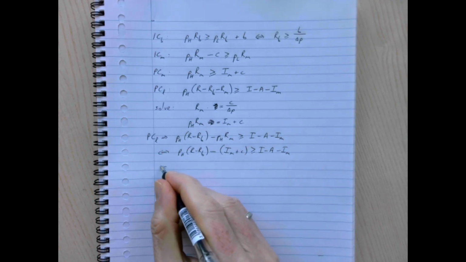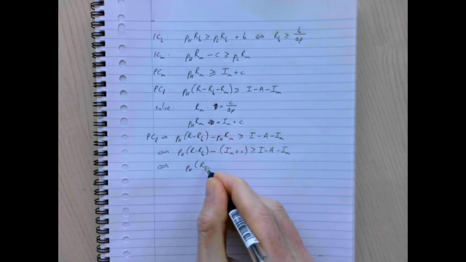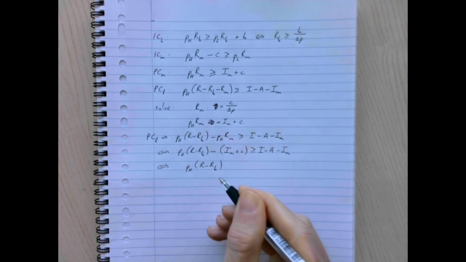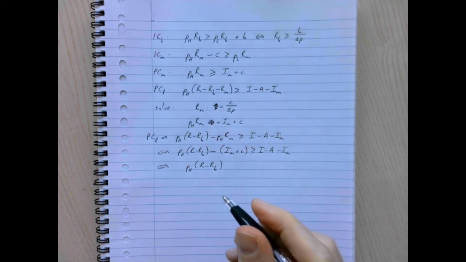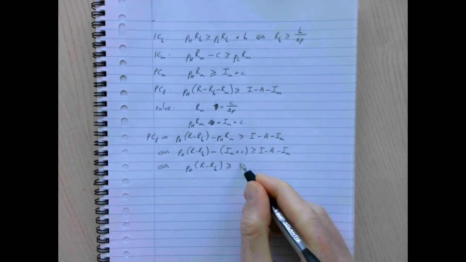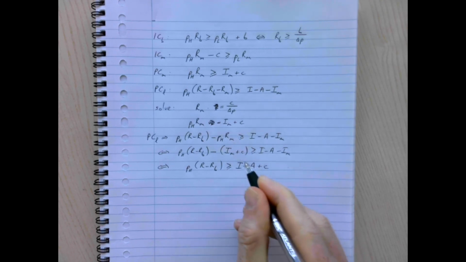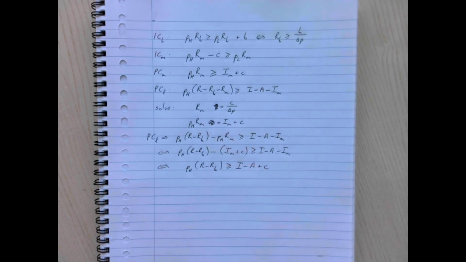So in the end, this participation constraint reduces to pH times R minus RB being bigger than or equal to I minus A plus this C, which appeared on the left hand side with the minus sign. So this is the new participation constraint.